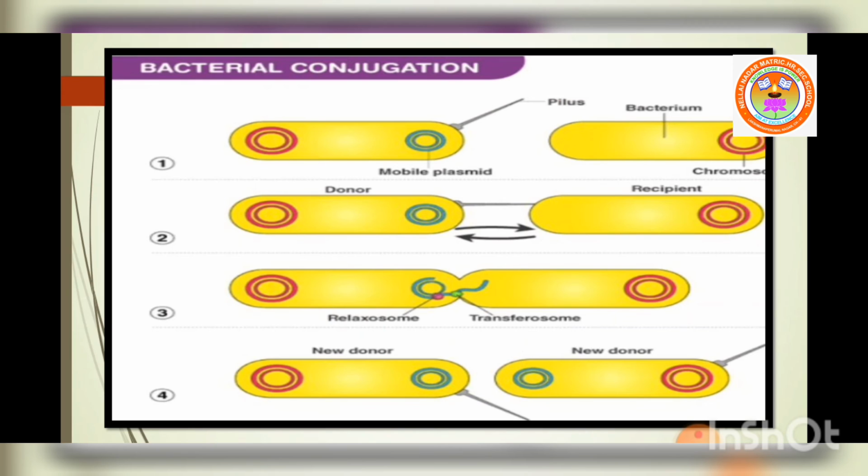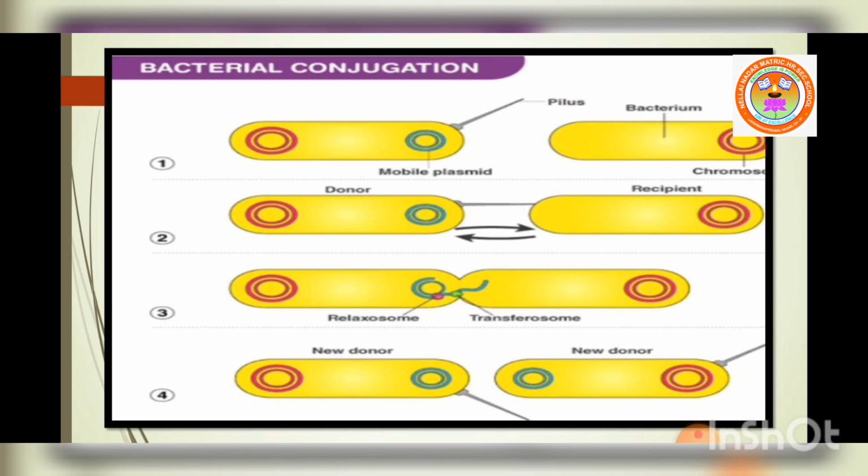So see the picture, this is bacterial conjugation. Two bacteria are involved in this conjugation process. One is donor, another one is recipient. So in this conjugation method, a temporary union of two individuals of the same species takes place. During their union, both the individuals are called conjugants. What happened in this process? Only exchange of a certain amount of nuclear material, that is DNA, takes place.